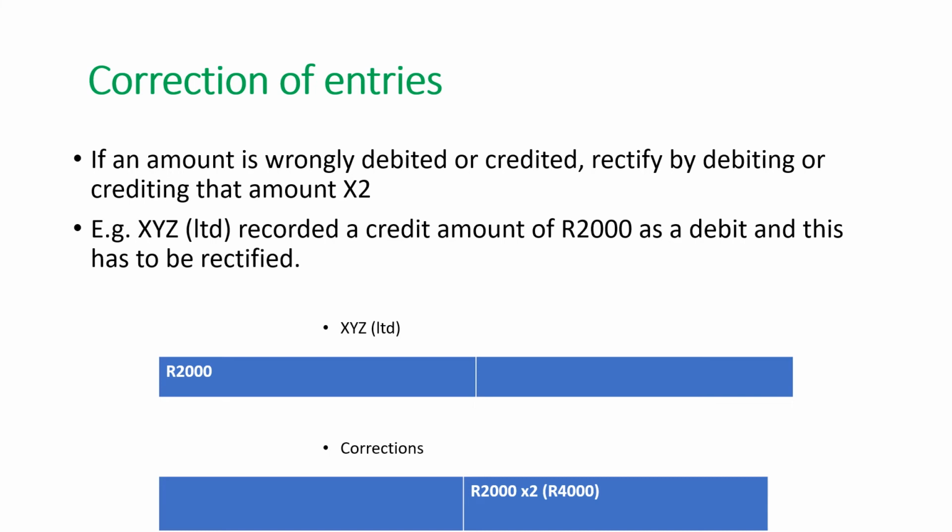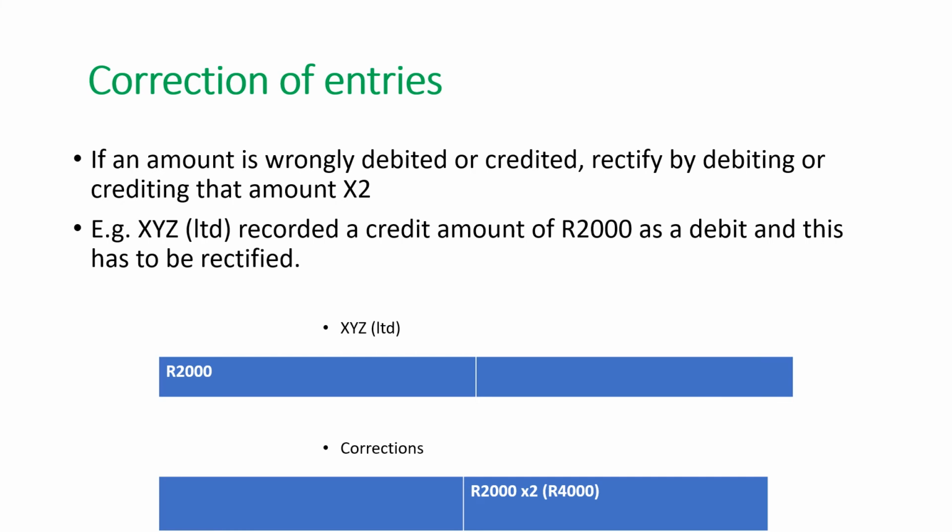So it means that to cancel this amount, we have to credit the 2000. So when we credit the 2000, it means we have cancelled this entry. But recording only the 2000 doesn't rectify the mistake, because the 2000 is only to cancel the mistake of debiting this amount. So when we rectify, we write 2000 times 2, which is 4000.